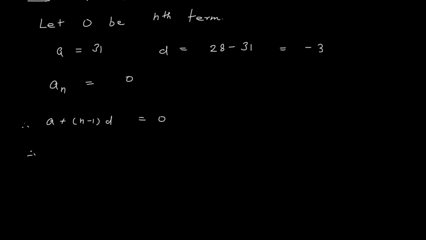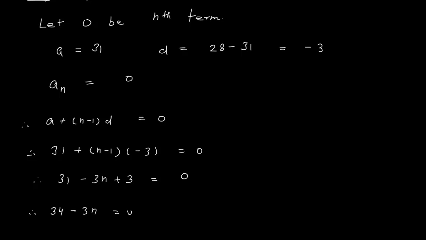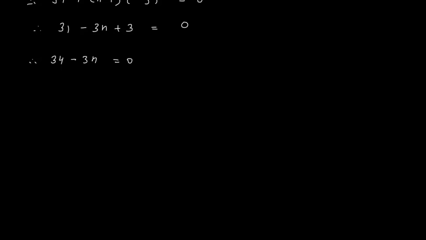Therefore we put the value of a, which is 31, plus (n minus 1), the value of d is minus 3, and this will be equal to 0. You can open the bracket: this is 31 minus 3n plus 3 equal to 0. 31 plus 3 is 34. Therefore 34 minus 3n is equal to 0. Therefore you have minus 3n is equal to minus 34.